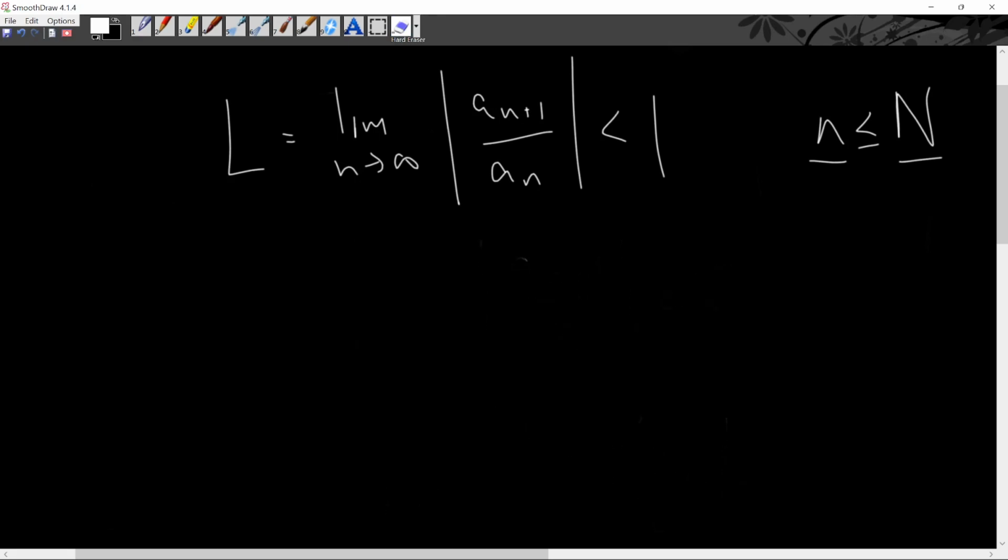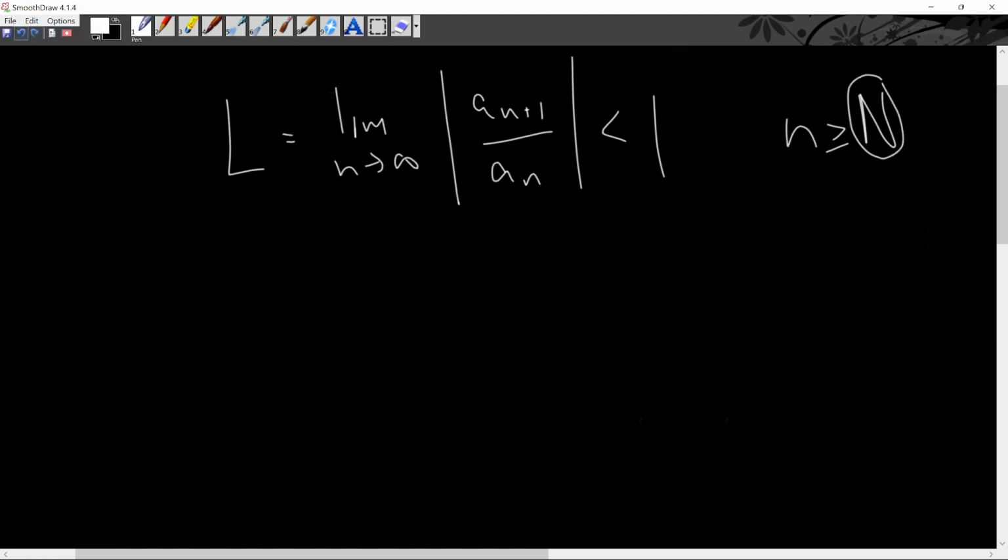So let's plug in this capital N, the actual value. Again, lowercase n is the number of terms, capital N is just a specific n that we have picked, such that, oh, whoa, sorry. This is n greater than or equal to capital N, because you can't have a term that is greater than the number of terms.